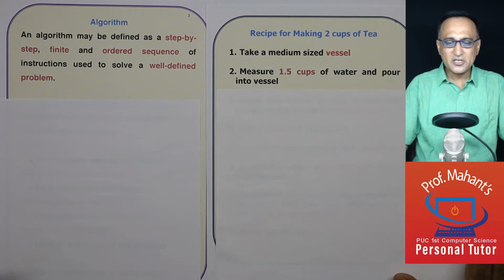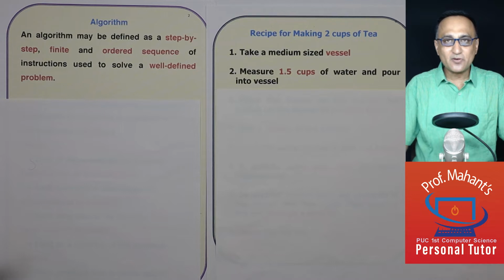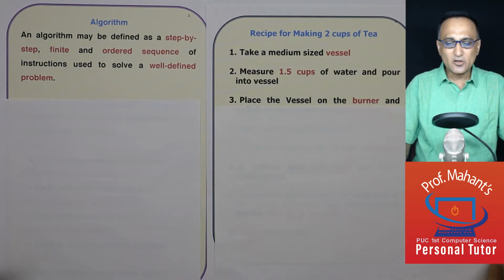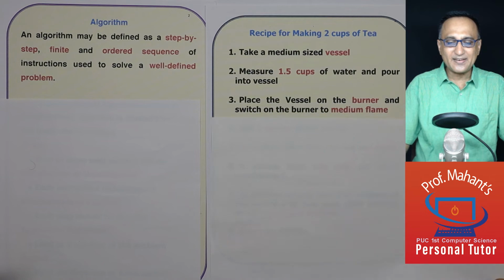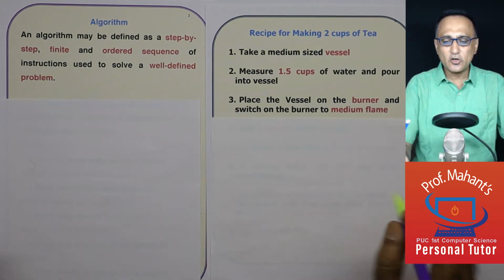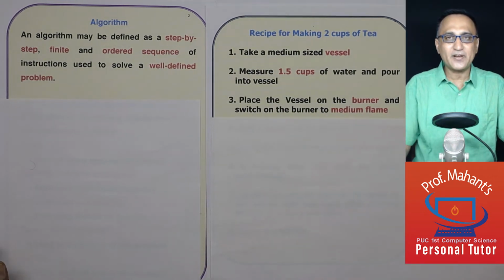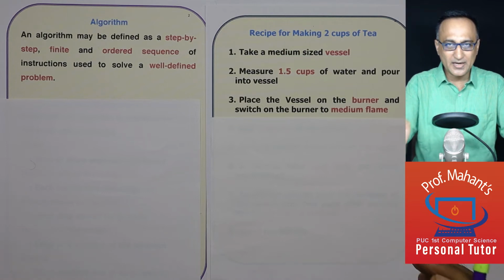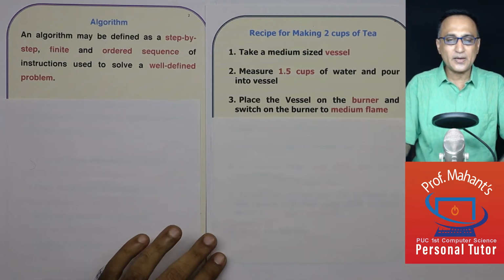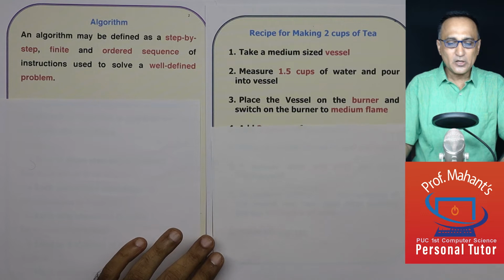Next, measure 1.5 cups of water and pour it into this particular teapot or tea vessel. Third step, place the vessel on the gas burner or the electric heater and switch on the burner to medium flame. Very clear instruction.